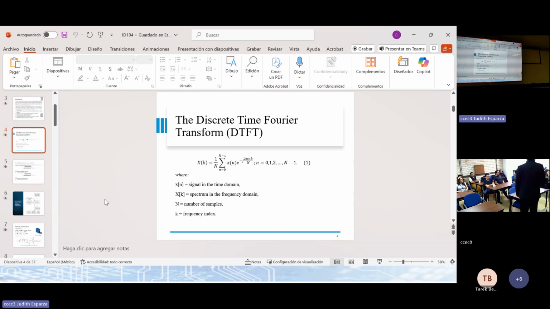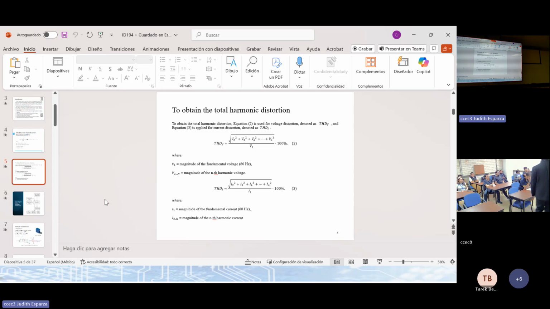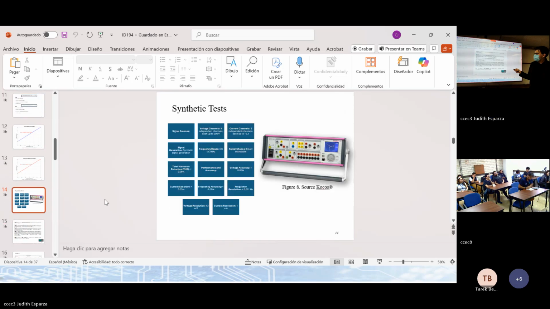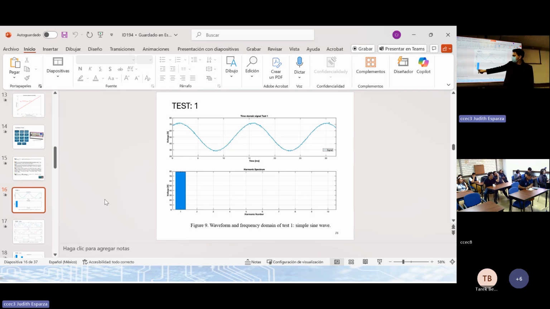Because I need the magnitude for the spectrum domain, for the magnitude of the voltage or the current. For example, the multiplier 1 is 1,016 hertz, 2 is 1,020 hertz, 3 is 1,018 hertz.